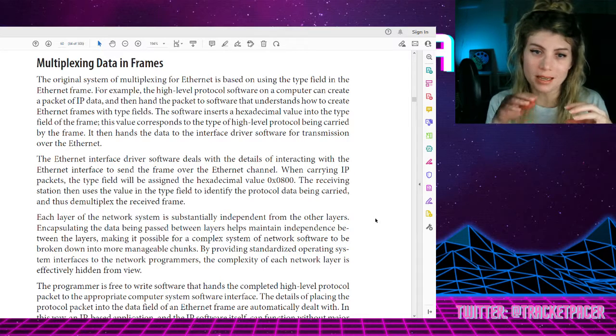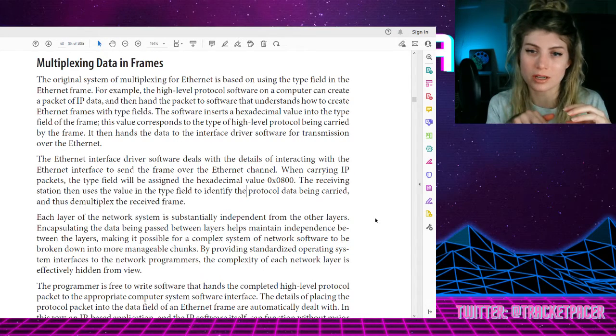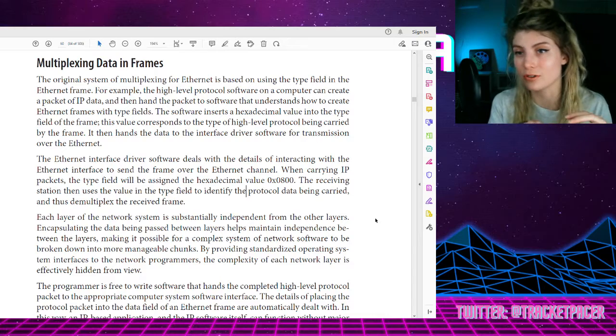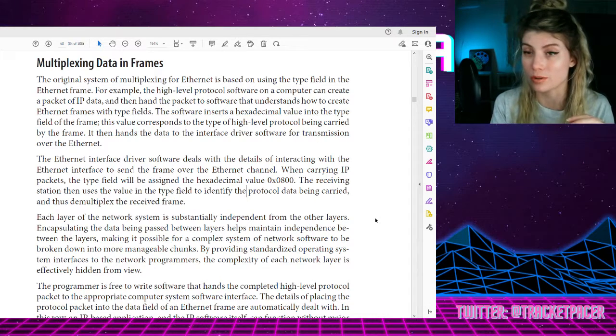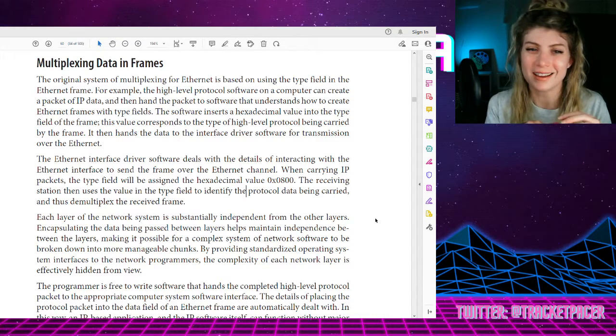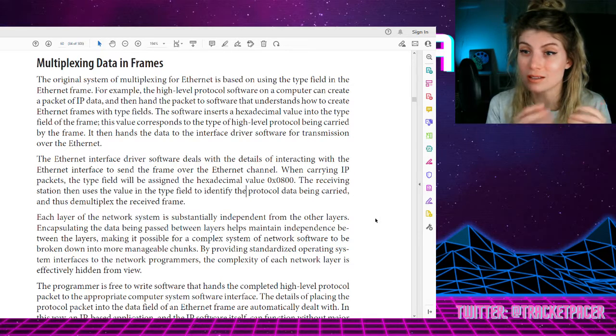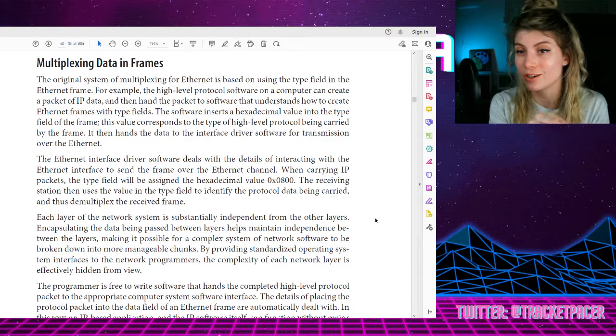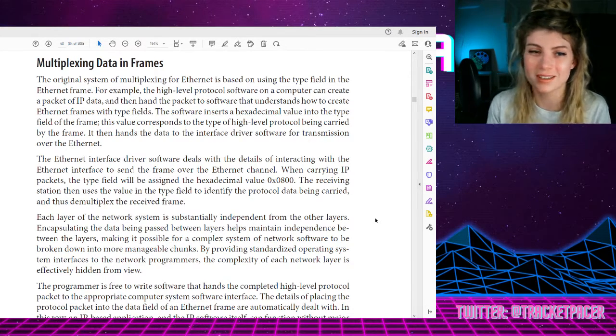It's like a translation. It inserts that hexadecimal value into the type field of the frame to define what high-level protocol is going to be in there. And then it gives the data to the next guy in the chain, the interface driver software, which is what actually transmits it over the Ethernet medium.